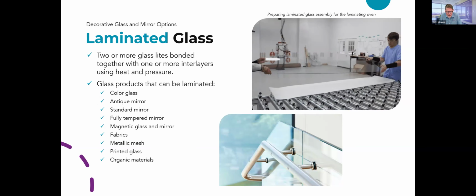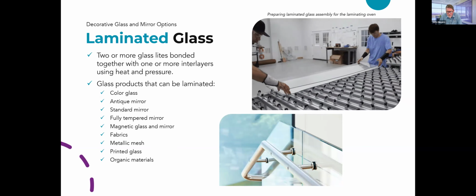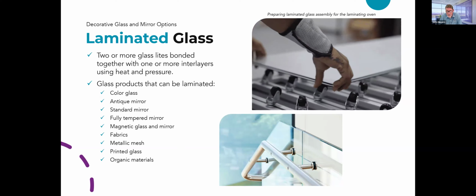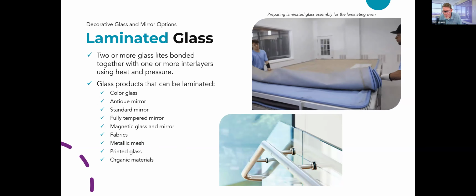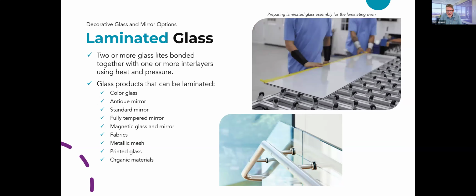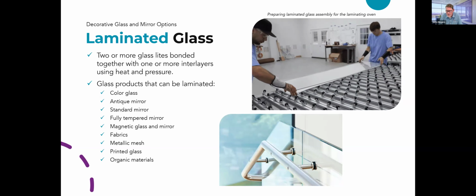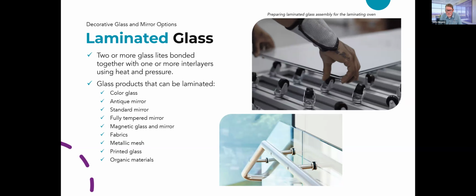That's as important: performance to meet code. Different counties, different states have different codes. So obviously, I'm sure you check your codes before you decide which type of safety glass or what type of laminated inner layer you want, which I'm going to get into in just a minute.